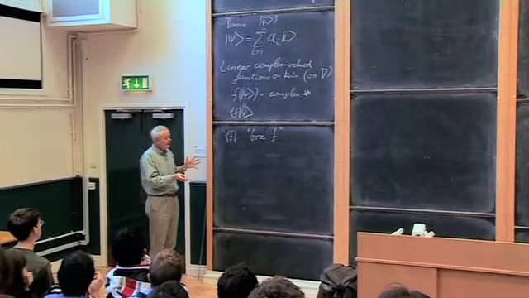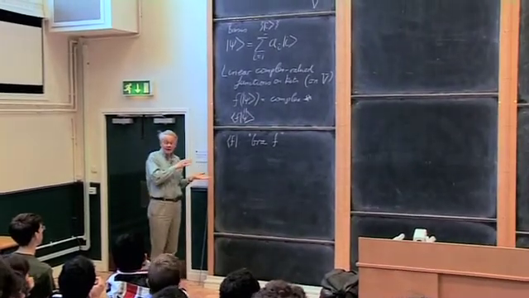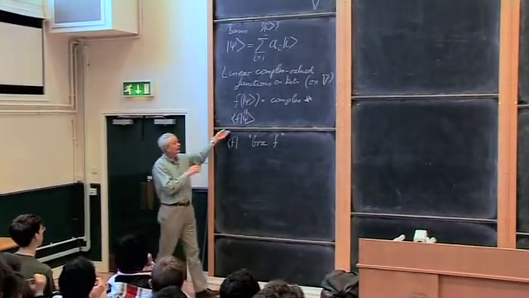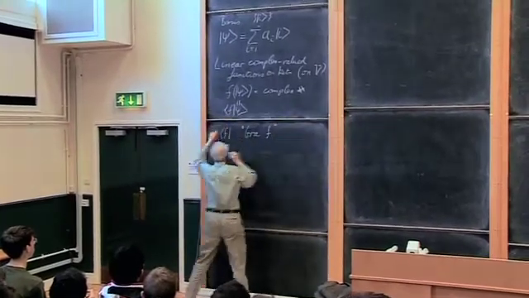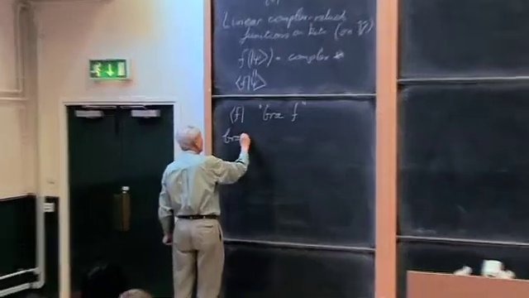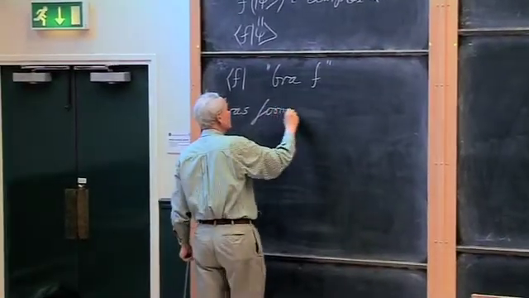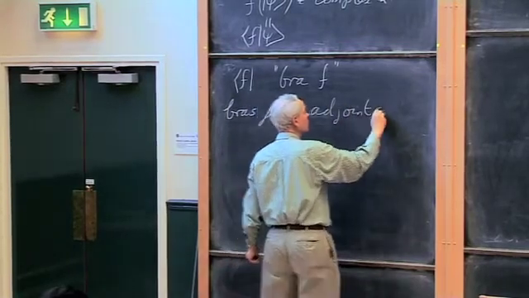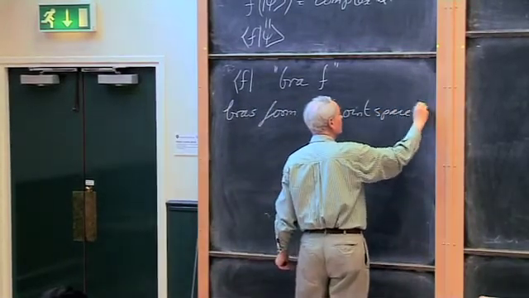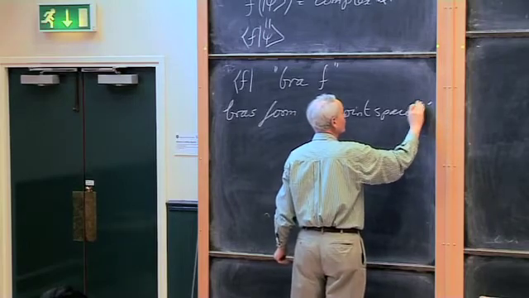And the bras also form a vector space, as I hope you've discovered in Professor Essler's lectures. So the bras form the adjoint space, often called V-primed.